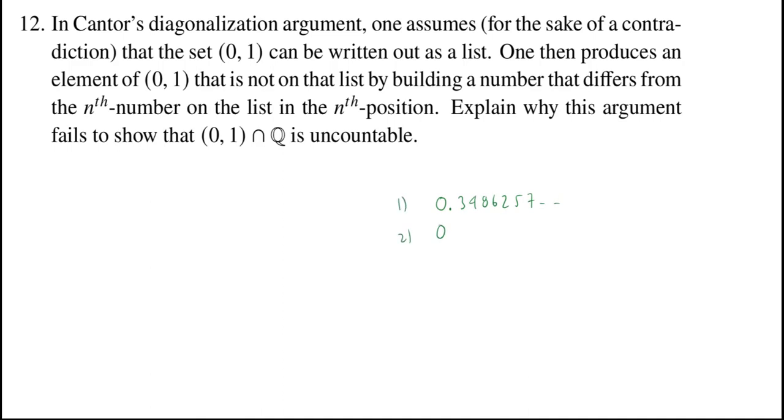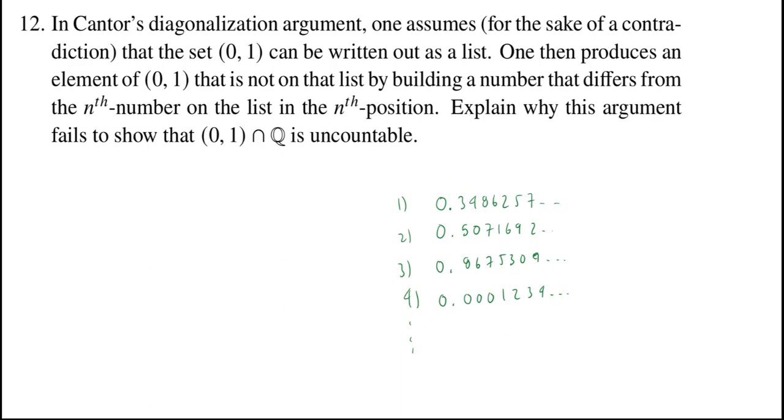Number 2 is going to look like 0.50716992, ... And then the third one looks like 0.867539, ... And we keep going. Maybe we'll do one more here: 0.00012334, ... etc. And we make this list. It goes on forever. Okay, fine.